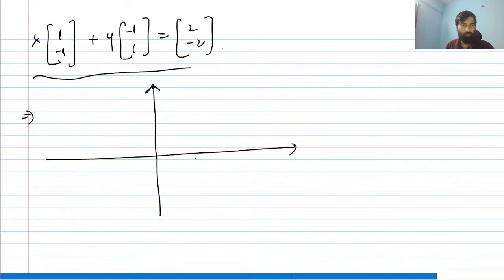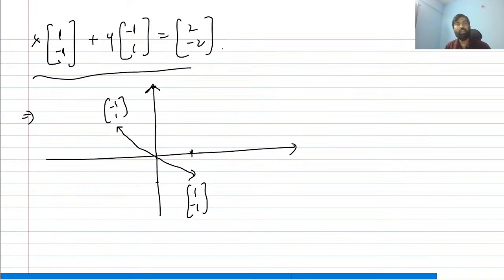1 and minus 1, so this vector is here, 1 and minus 1, and this is minus 1 and 1. This vector is just the negative, and you can write this as 1 and minus 1. If you multiply this vector by 2, you will always be on the line only.